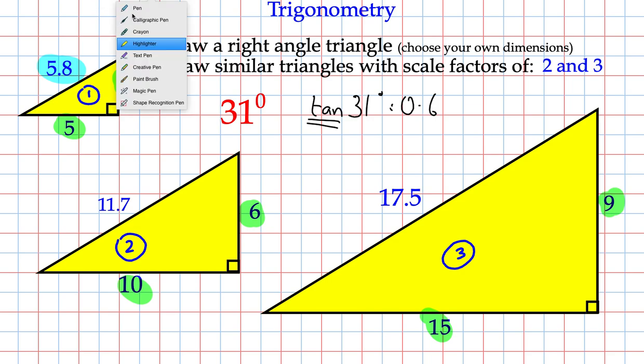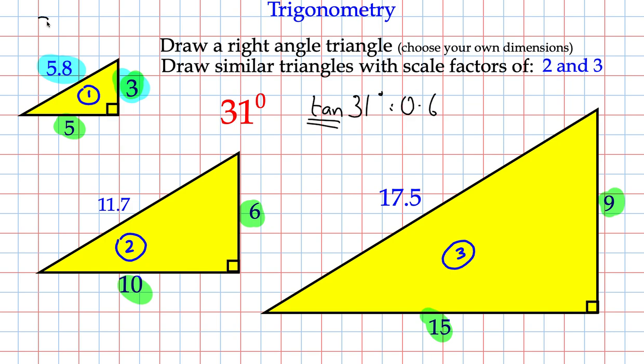Let's check. On my calculator, 3 divided by 5.8 gives 0.52. Now that's for the angle we're looking at here, and this is now the opposite and hypotenuse. Notice we've got a different ratio going on there.